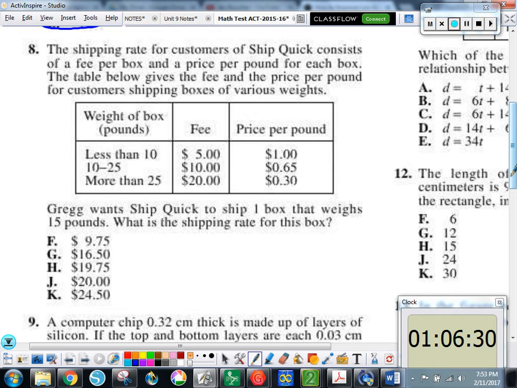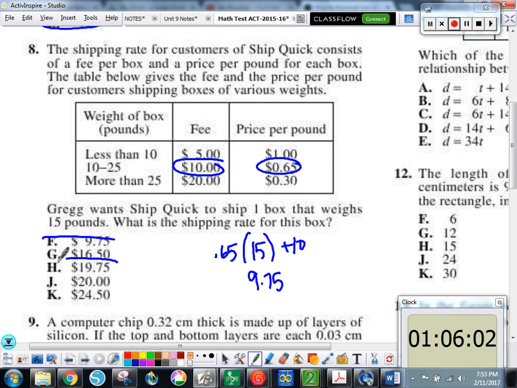It's in here, the fee is $10, and this is how much it is per pound, so 0.65 times the 15 pounds plus the $10. So automatically this one's out because it's less than the $10. 15 times 0.65 is $9.75, so H. So don't forget the fee plus the price per pound.